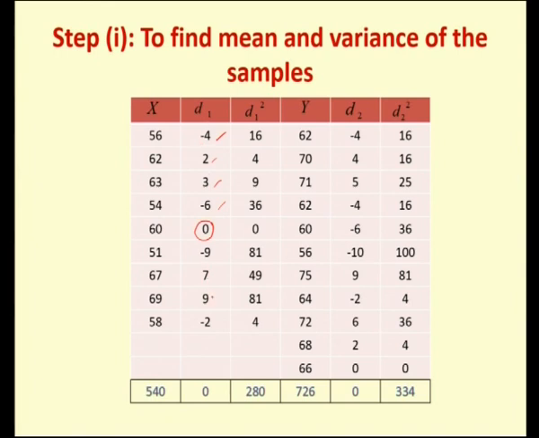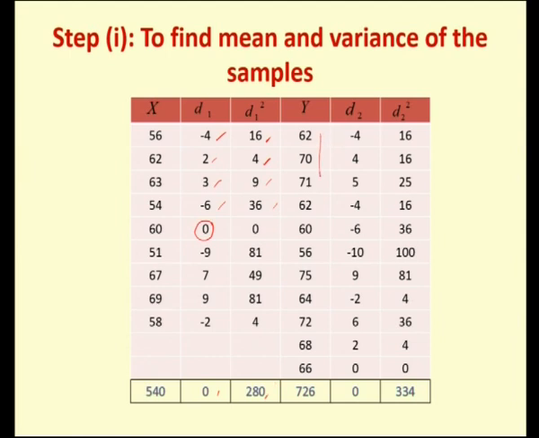Proceeding in this similar manner, you can fill in this column, and when you sum up, you will get the value equal to 0. Squaring D1, it is going to be minus 4 into minus 4 is 16, 2 squared is 4, 3 squared is 9, 6 squared is 36. Proceeding in this similar manner, you find the total sum is going to be 280.